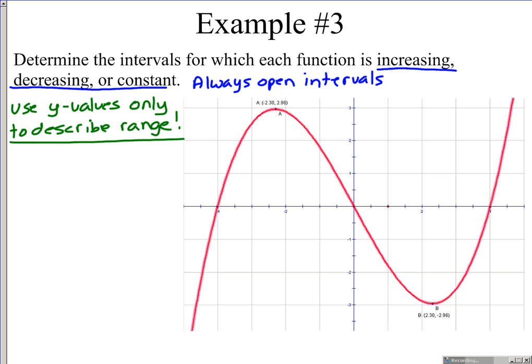You will never, ever use y values to describe any other type of interval other than range, and that's going to be the most missed thing on this problem on the test.